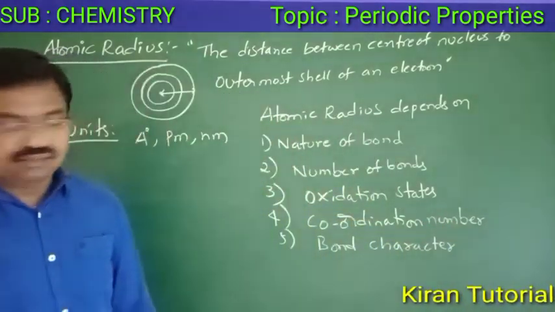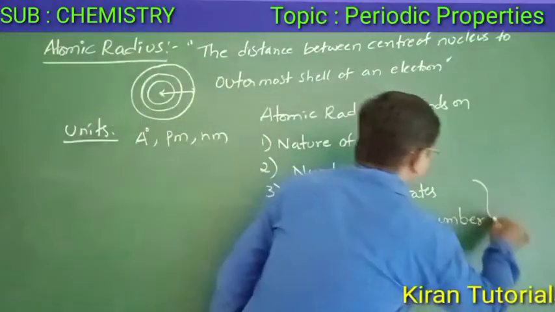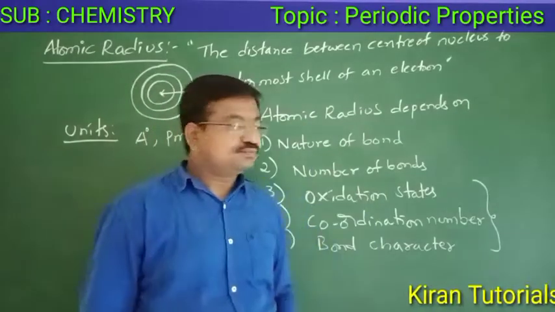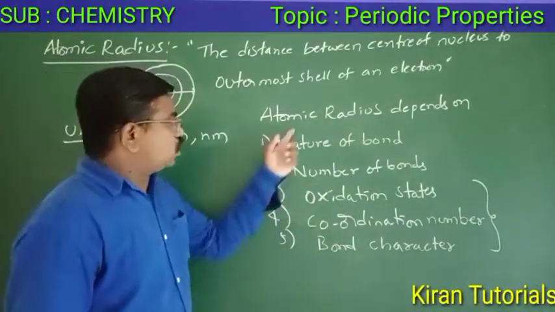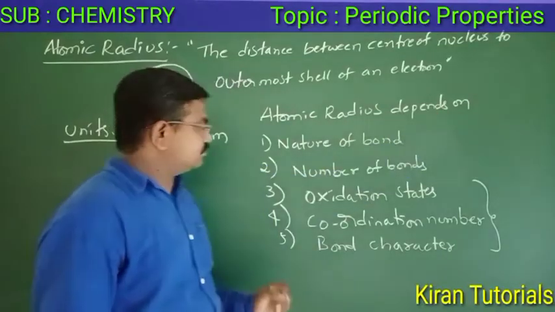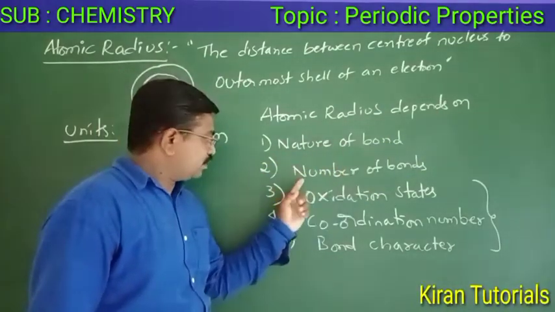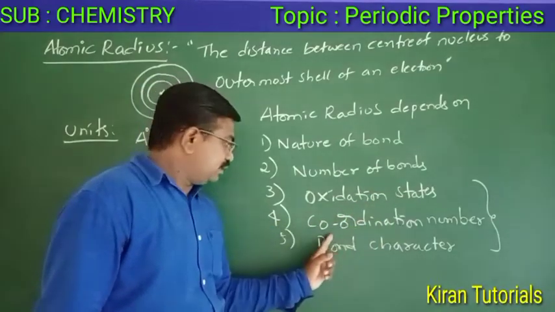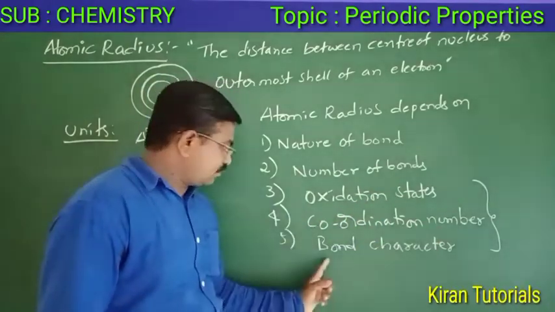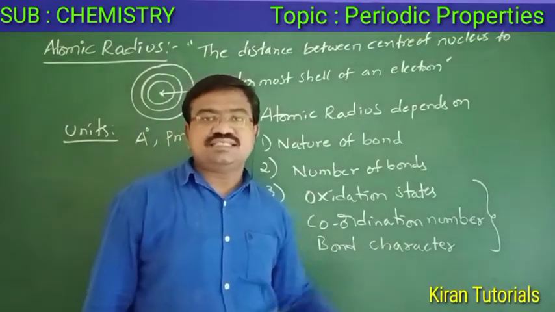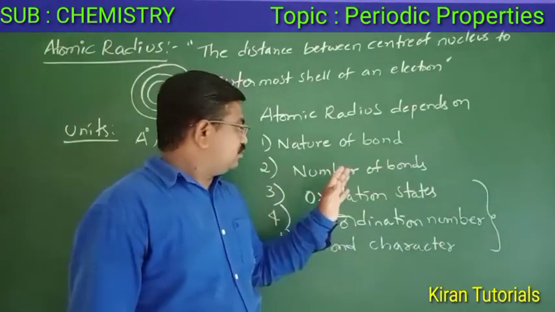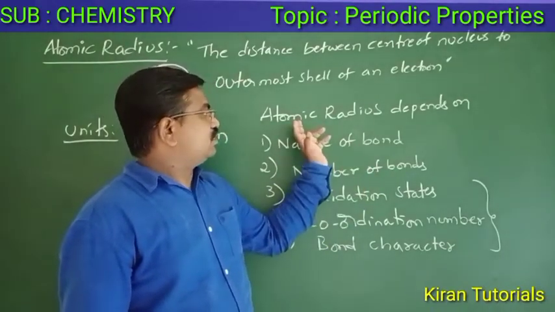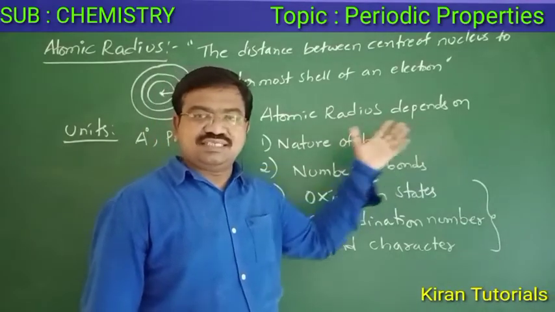So these are the 5, and these 3 we are going to discuss in the next video. So the atomic radius depends on nature of bond, number of bonds, oxidation state, coordination number, and bond character. These 5 parameters are there on which atomic radius depends.